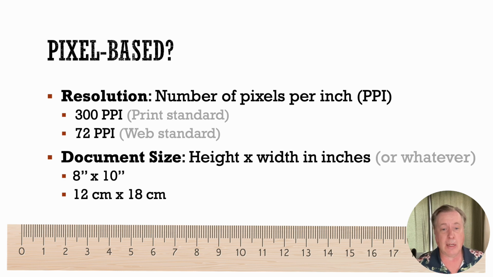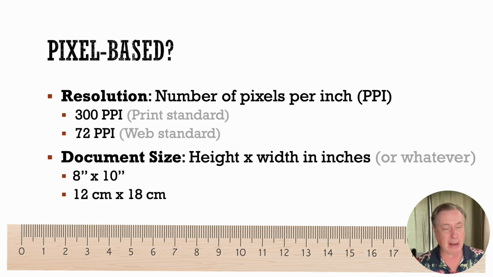So the resolution is the number of pixels per inch or centimeter if you're in other countries, but we're here in America at Colors of the Canyons, so we'll talk about pixels per inch. The standard in the printing industry for images that we want to print with a nice continuous tone image is we want those to have a minimum resolution of 300 pixels per inch.